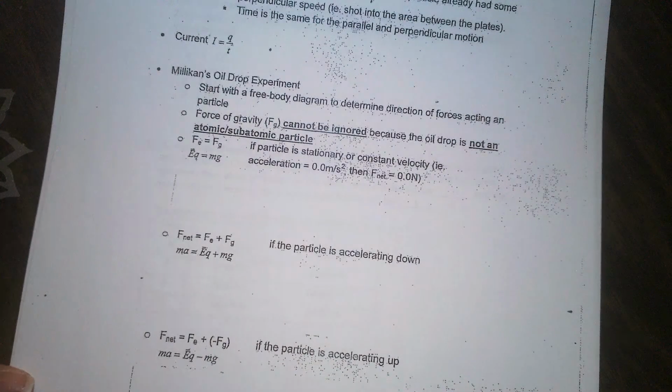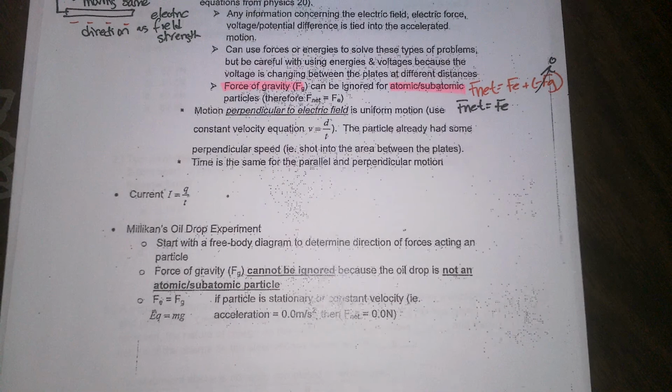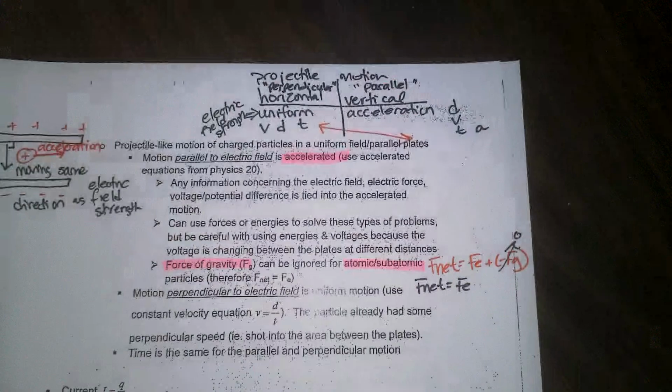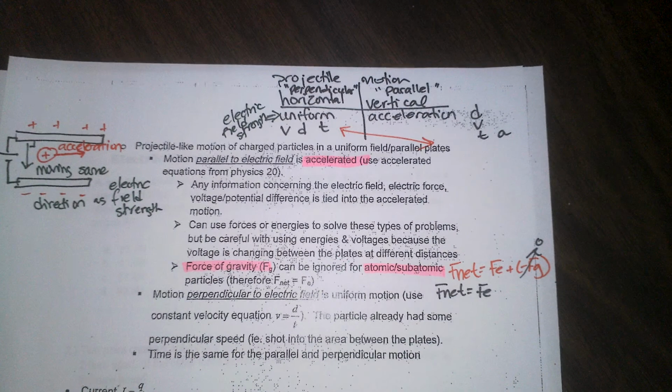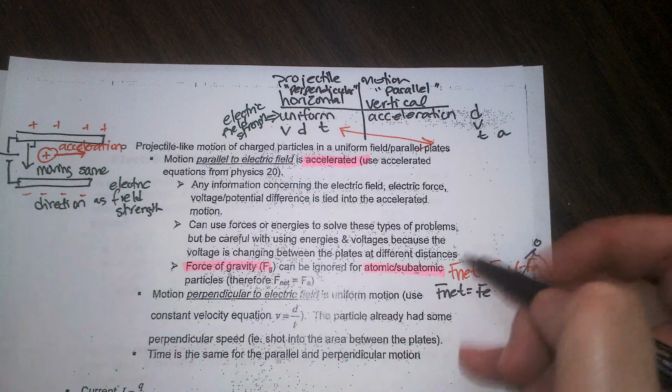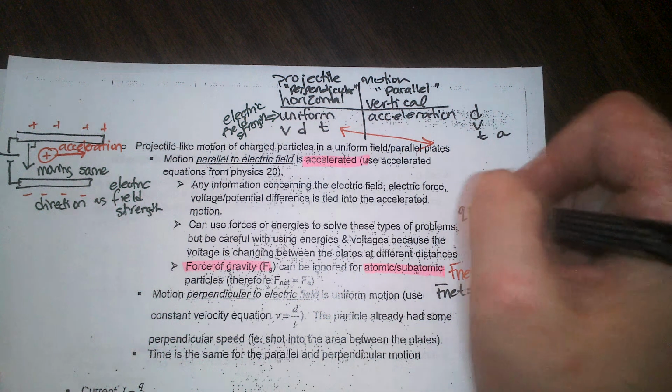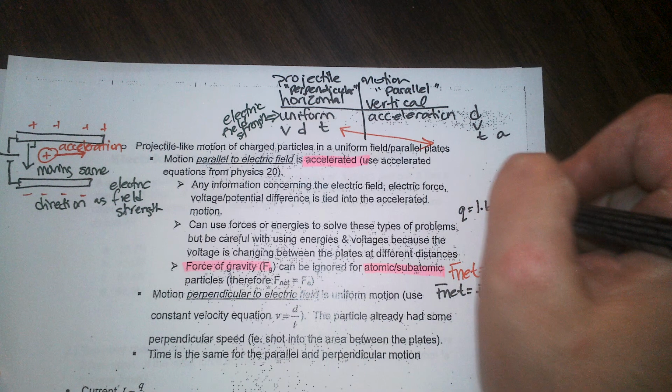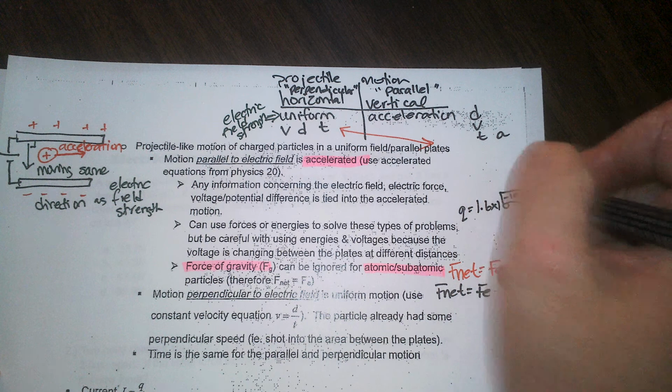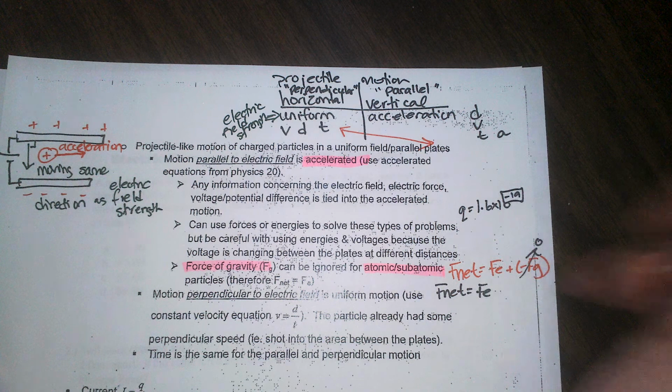All right, when we look at current, we learned one formula. Oh, you have a question? Sure. For zero, because when we're looking at subatomic particles, we're looking at charges that are 1.6 times 10 to the negative 19, or some multiple of that.